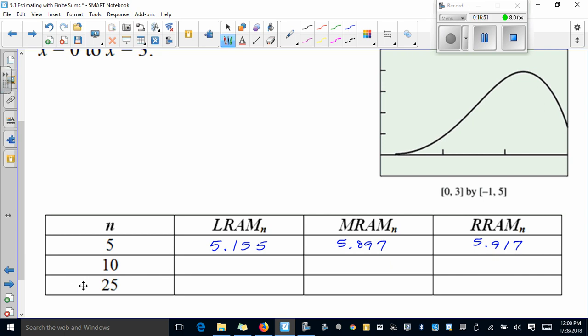The midpoint is going to give me 5.807. And then the right is going to give me 5.907. Okay, we got a lot closer even on the left, and even this one's closer, and we know that the actual answer is 5.777.